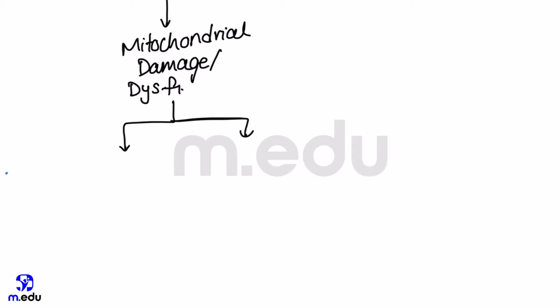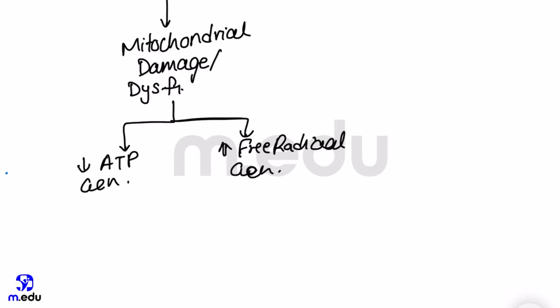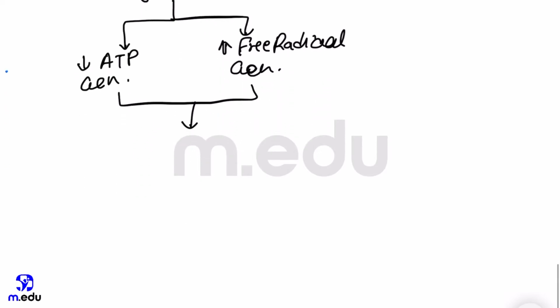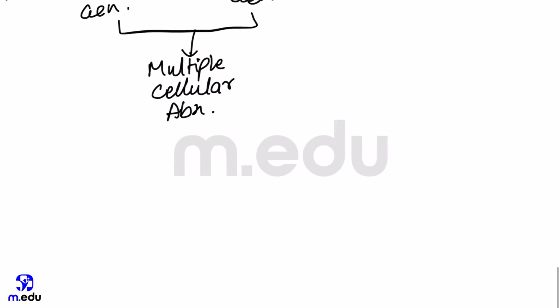Number one will be decreased ATP generation, and number two, increased free radical generation. Now, these both together will result into multiple cellular abnormalities. And now this finally will result into the necrosis of the tissue.